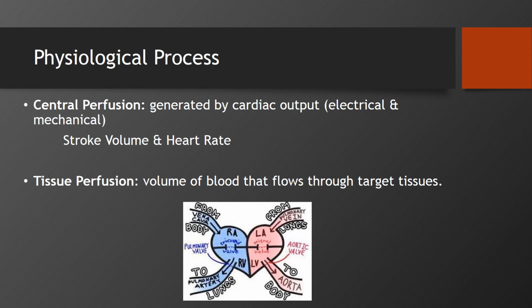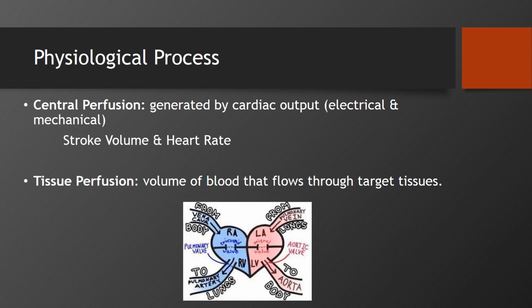This isn't something that you can just look at somebody and know what their stroke volume is. This would be someone who has hemodynamic monitoring in an intensive care unit, being monitored with multiple different ICU level lines and monitors.